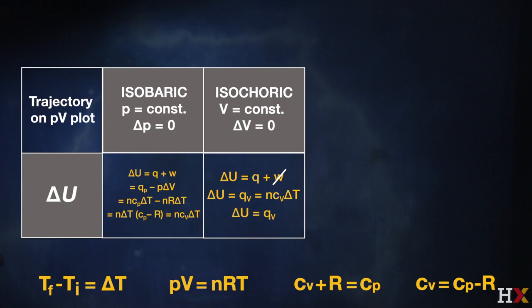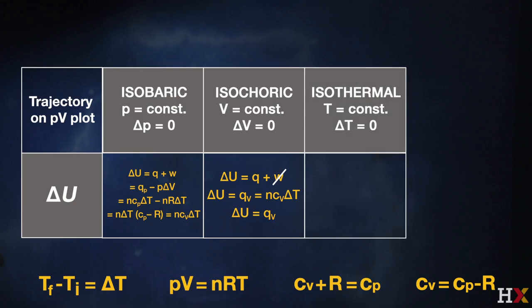Now we're moving quickly, because we're going to consider the isothermal trajectory. Now this one is particularly interesting, because if T is equal to constant, delta T is equal to 0. But I can write my expression for the internal energy as the number of molecules times 3/2 Boltzmann constant times the temperature, which means that delta U is equal to N times 3/2 Boltzmann constant times delta T. Aha!